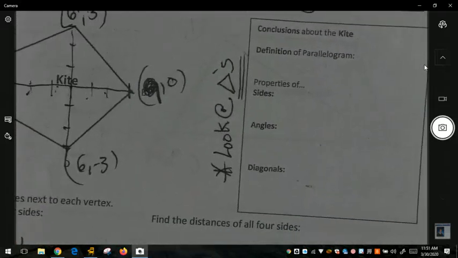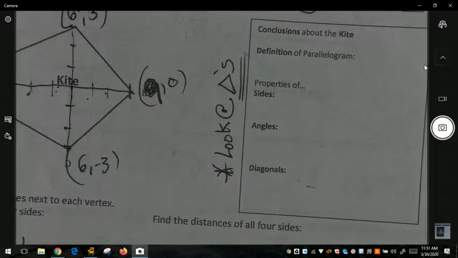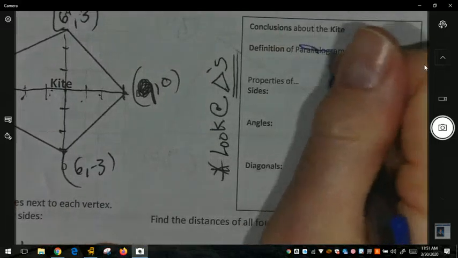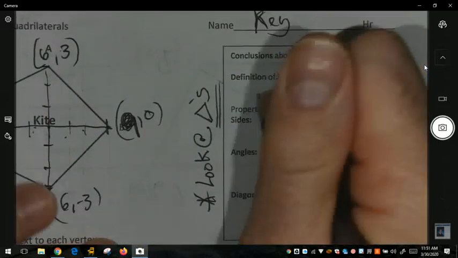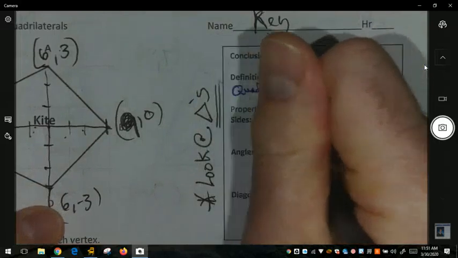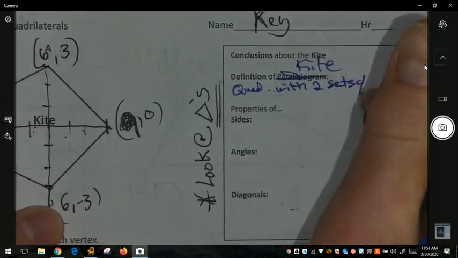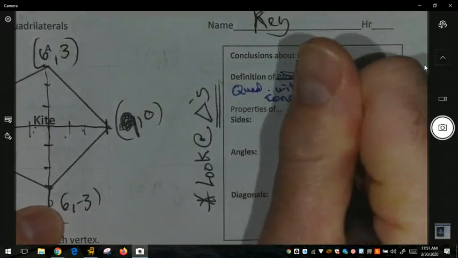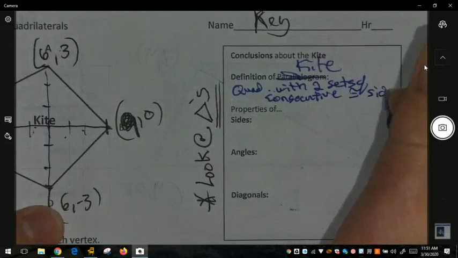Hopefully you were able to finish up the kite before we had our meeting, but we're going to look real quickly at the definition of a kite. The definition of a kite is a quadrilateral with two sets of consecutive congruent sides.